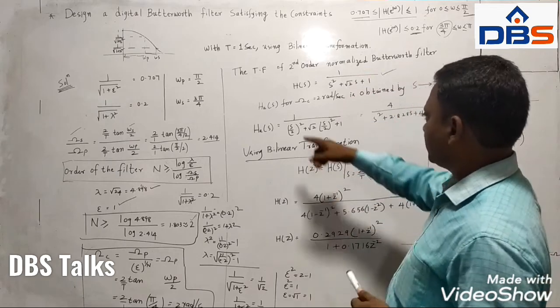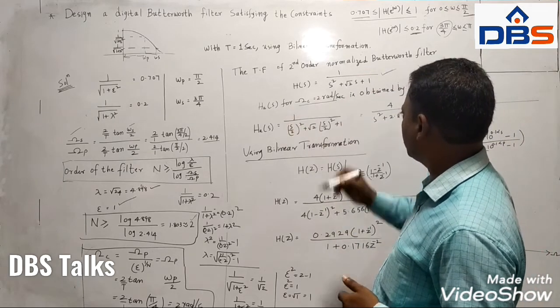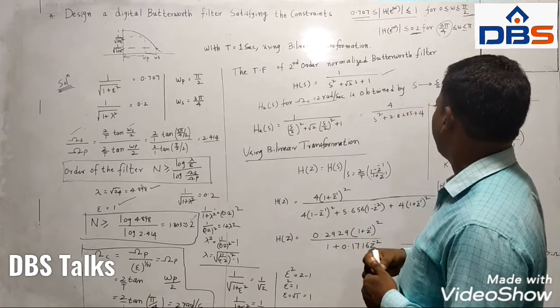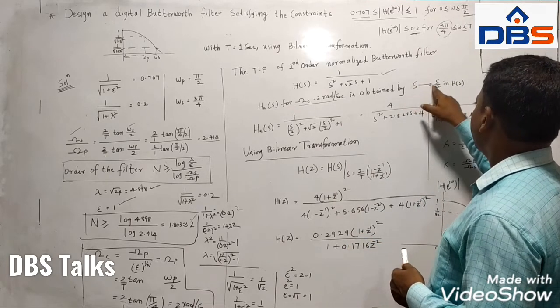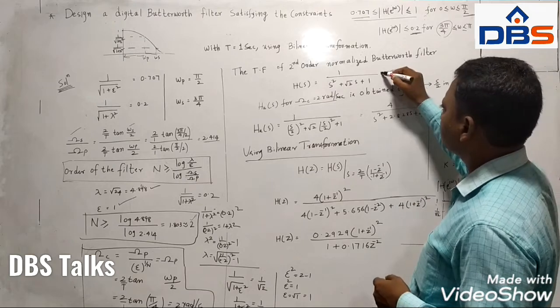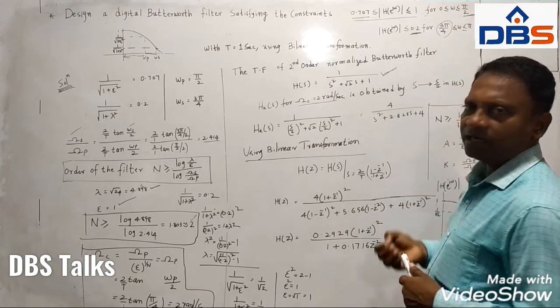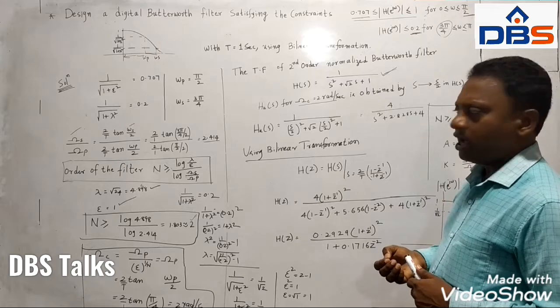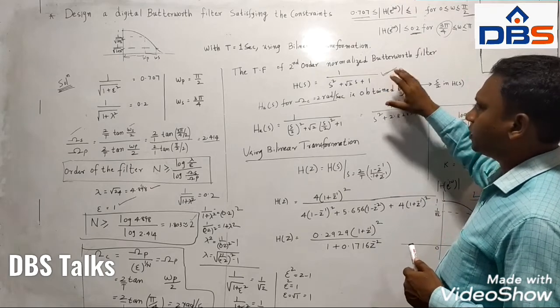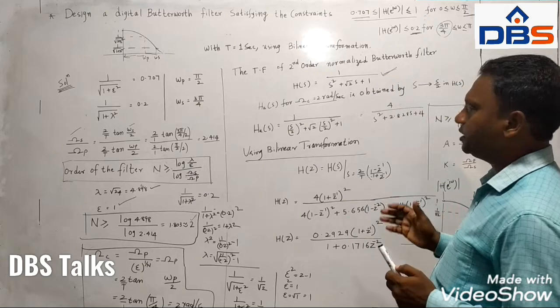H of s for omega c equal to 2 radians per second is obtained by substituting s equal to s by 2 in H of s. First of all, this is the standard analog filter transfer function, which we have written from the Butterworth standard transfer functions, already predefined.